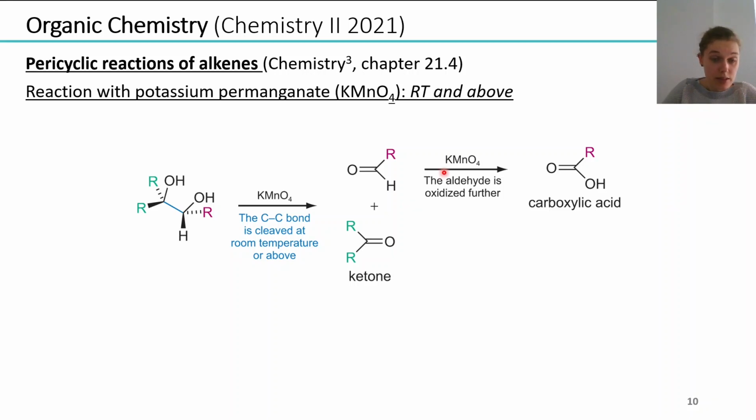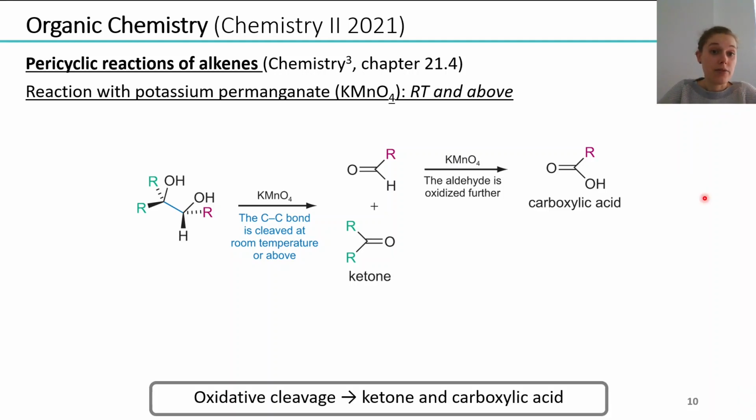In case we have an aldehyde, the potassium permanganate will further react with this aldehyde, and the resulting product will then be the carboxylic acid, as the potassium permanganate will oxidize the aldehyde further. That means if we have not a cold reaction medium but room temperature, or even a temperature above room temperature, the potassium permanganate will induce the oxidative cleavage of the 1,2-diol, and then we will end up with ketones and carboxylic acids.